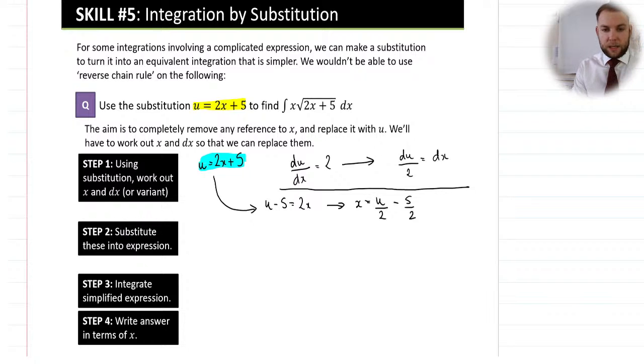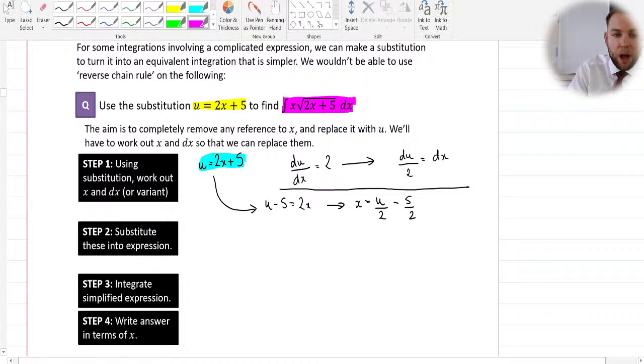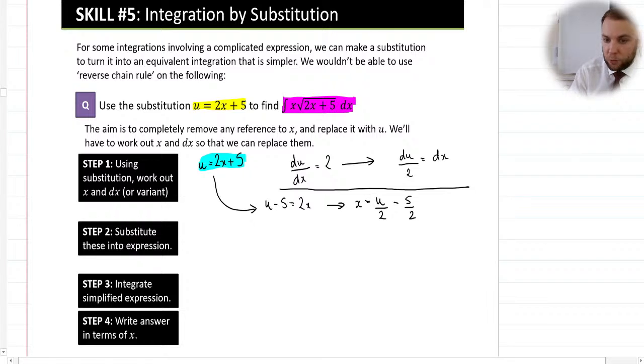So the whole point is they've given you a substitution and you're replacing every single term with x in that integral to be u. So let's now substitute into this part here. Now we know that x is equal to u over 2 minus 5 over 2.